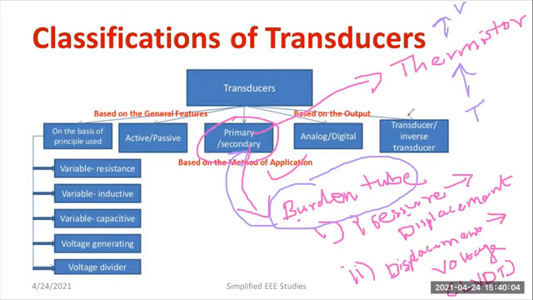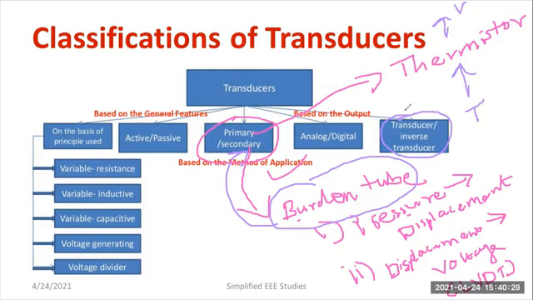Now, finally, I would like to explain one more criterion, that is transducer as well as inverse transducer. What do you mean by transducer? Transducer means it will convert a non-electrical quantity into an electrical quantity. There are a lot of examples we studied, for example strain gauge, load cells, etc., all are called transducers. What do you mean by inverse transducer?